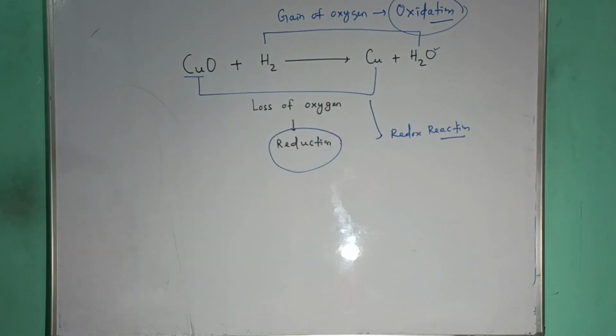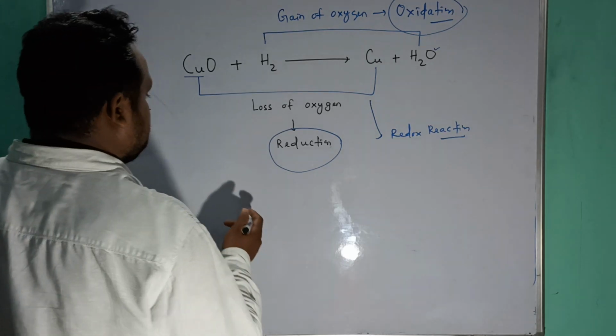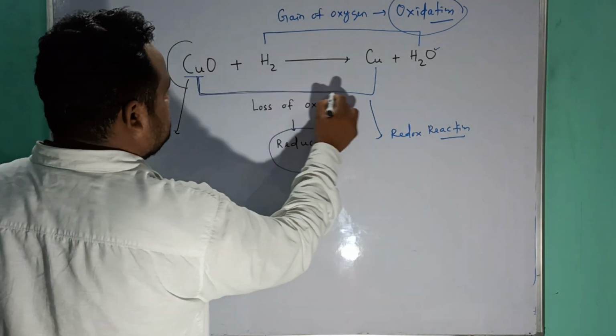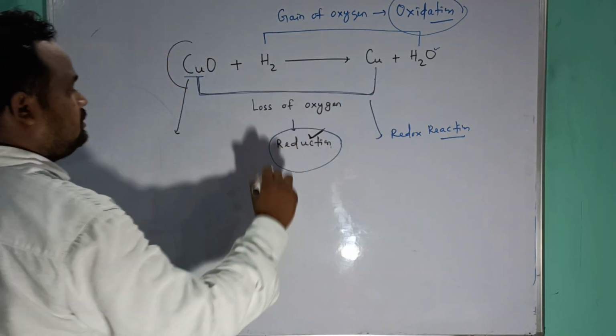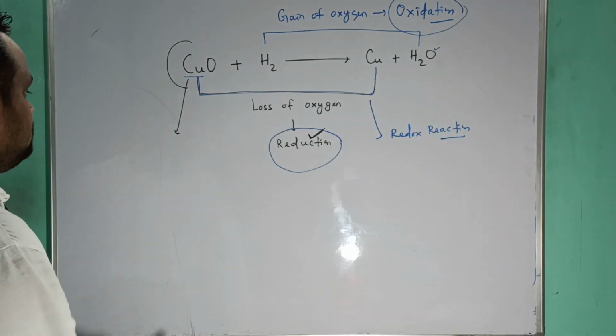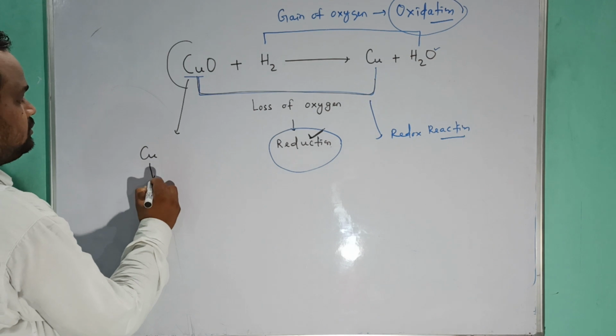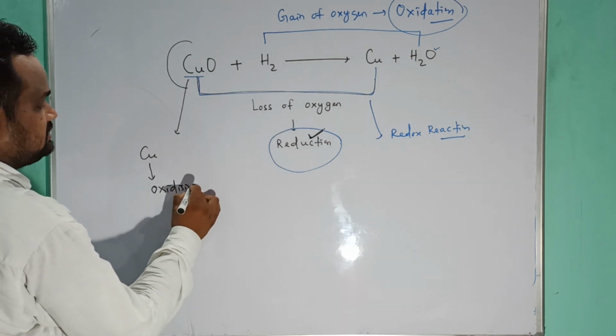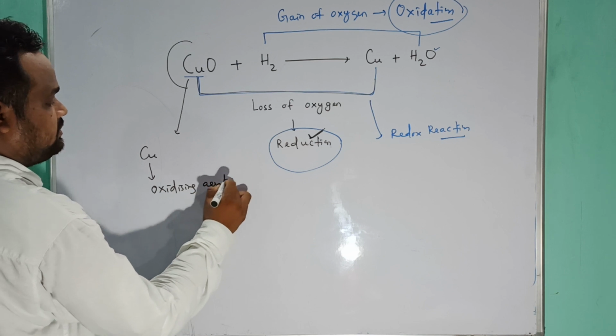Next, we have to find the oxidizing agent and reducing agent. What happened to copper? Copper undergoes reduction. So what is an oxidizing agent? It helps in oxidation, but itself undergoes reduction. So copper is your which agent? Oxidizing agent.